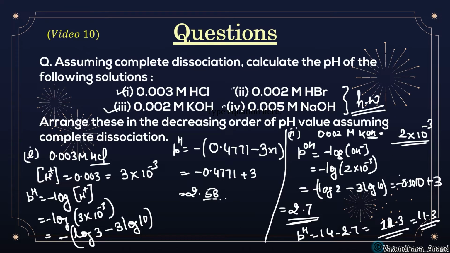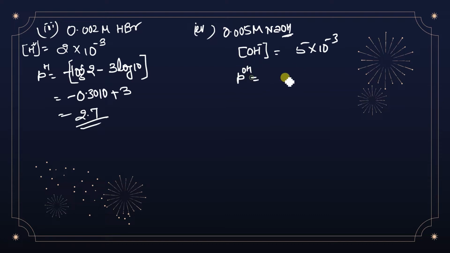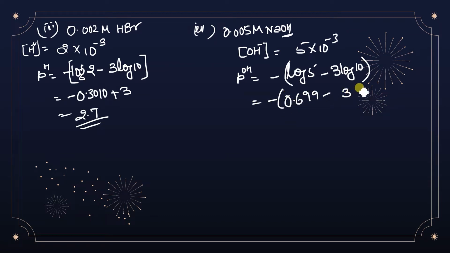Okay, now the fourth was 0.005 m NaOH. So here you will get the OH minus concentration, which is going to be 5 into 10 to the power minus 3. That means you will find the pOH. pOH is equal to minus log of 5 into 10 to the power minus 3, that is minus log 5 plus 3 log 10. Log 5 value is 0.699, and log 10 value is 1.